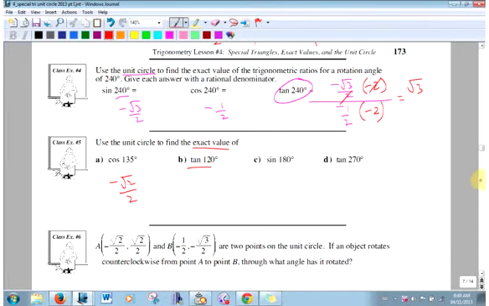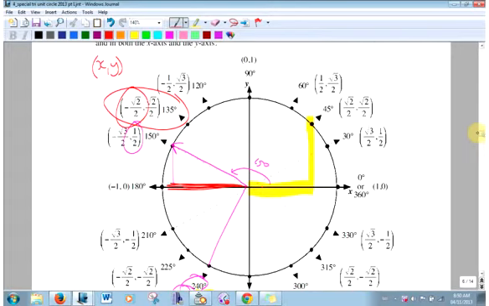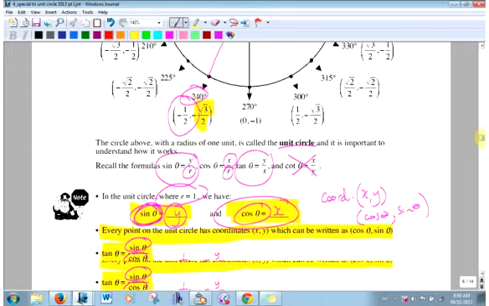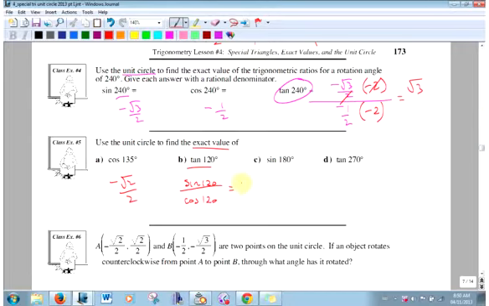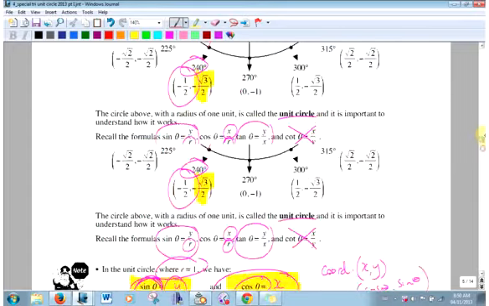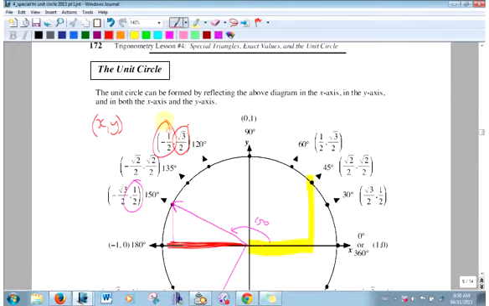Tan 120. All right, well, I don't know tangent, but I know that's the same as sine 120 over cos 120. What's the sine of 120? Sine is my y coordinate. Over cosine, which is my x coordinate, minus a half.